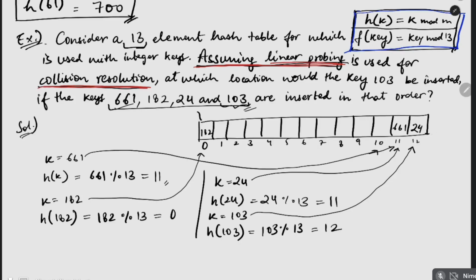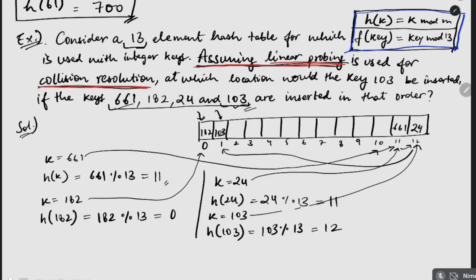We check at 0. Now 0 is also occupied, so we check the next available slot, that is 1. 1 is empty, so we place 103 here. So you wanted to place 103 here, but it finally went to index 1.